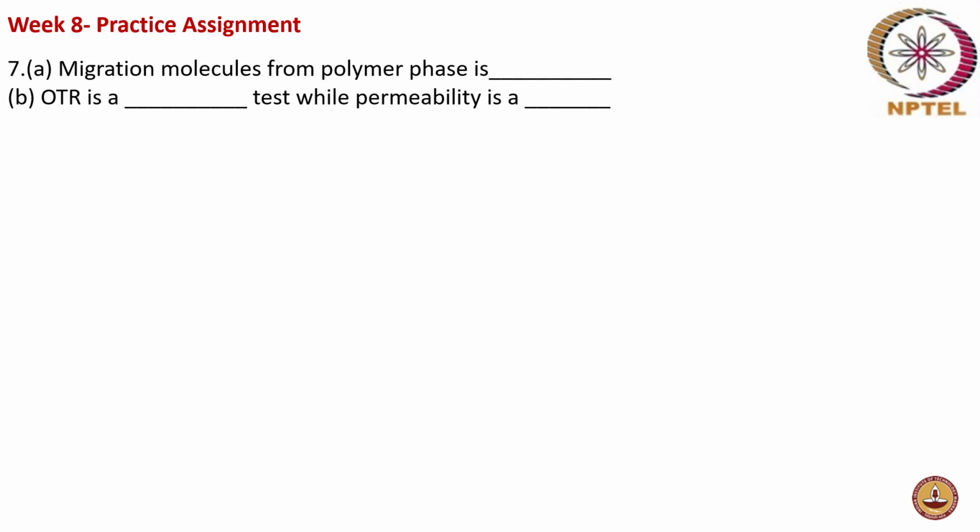So material migrates from polymer phase to, say for example, if a polymer is there in water, some material moves from the polymer to water phase. What is this phenomenon called? Any idea?